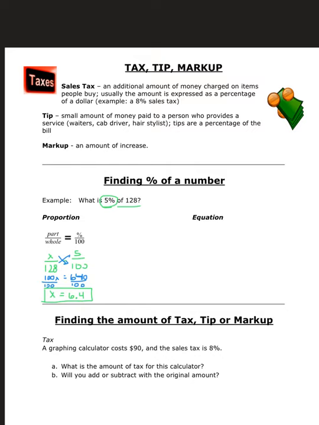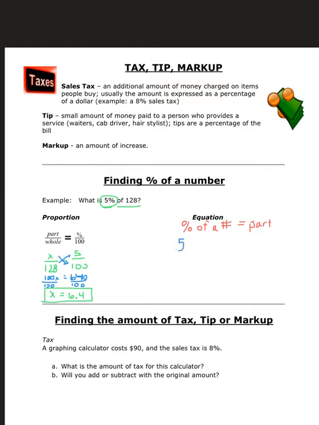Now for the equation method, some of you have already figured this out, but if we think about it, we're trying to find the percent of a number. And when we do that, that's finding the part of the whole amount, because the percent is a part. Setting up the equation with the example that I've used, it says percent of a number.